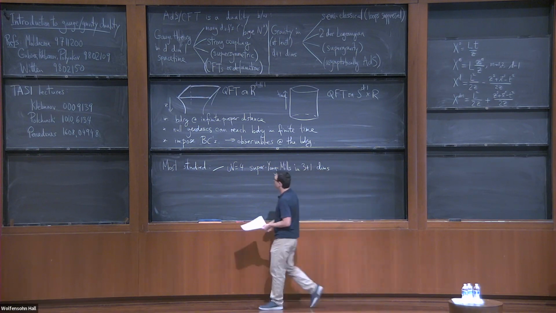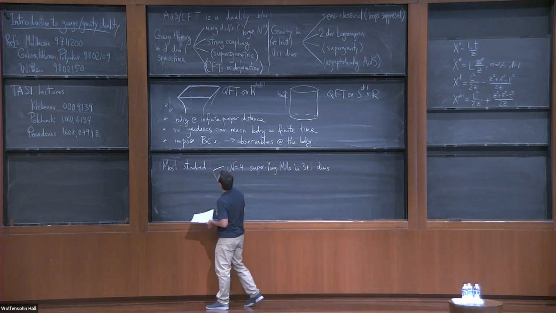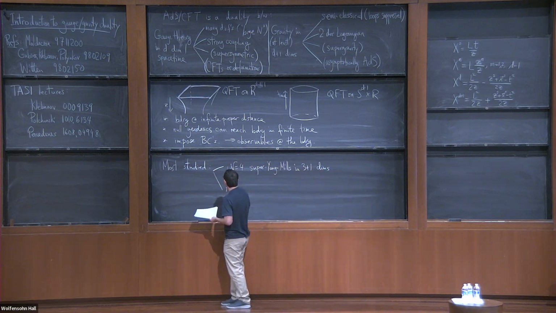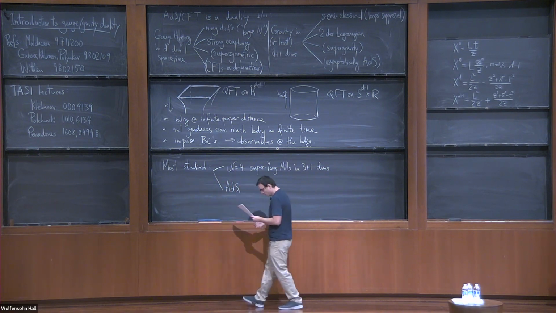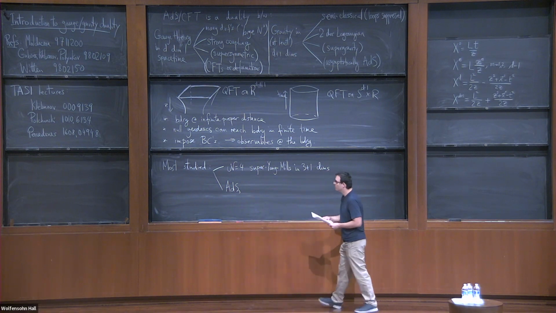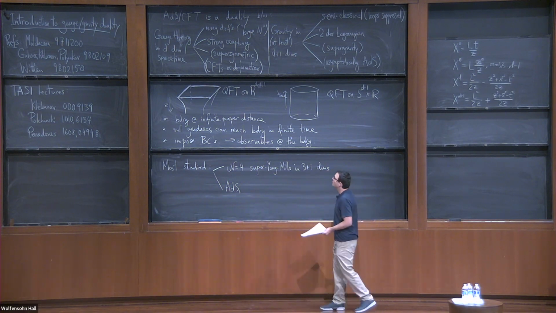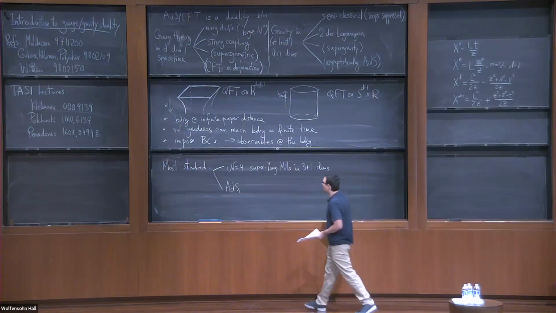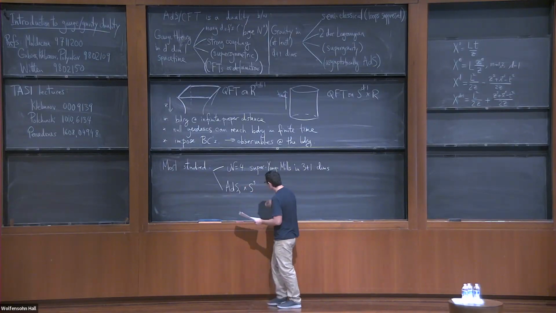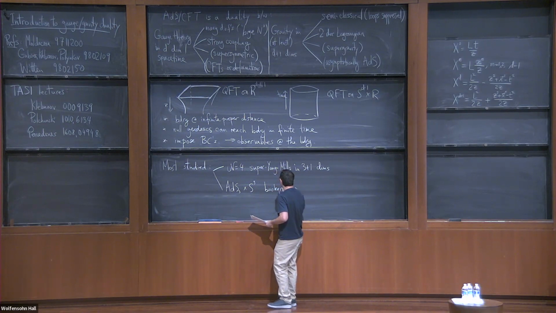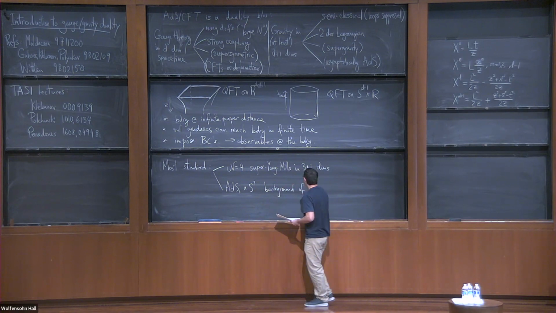And the gravity is actually gravity in 10 dimensions. It describes fluctuations around a 10-dimensional space-time, and that 10-dimensional space-time is AdS5 times S5. And it's a background of type 2B string theory.